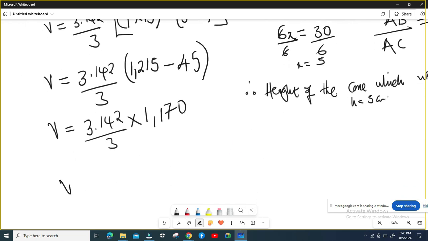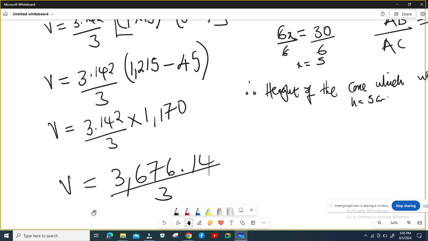What will be our answer if we do that? Times 3.142, the answer will be 3,676.14 over 3. Let's divide by 3 to find our final answer.